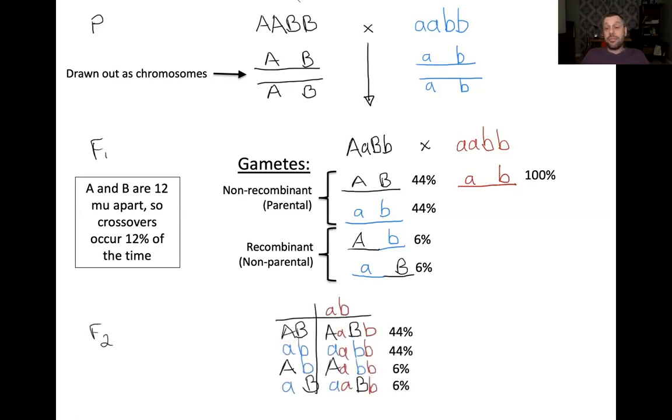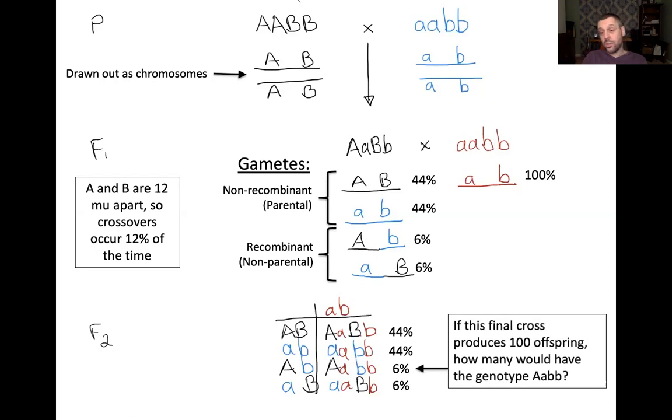So if I take this to the F2 generation like we did previously, the Punnett square looks the same, but the numbers are going to be different. I color-coded this so you can see which alleles came from where. You get the same four classes of phenotypes, but because these genes are now linked, you don't get a 1-to-1-to-1-to-1 ratio, because things are not mixing equally. 12% of the time you'll see the recombinant types, shown at the bottom here.